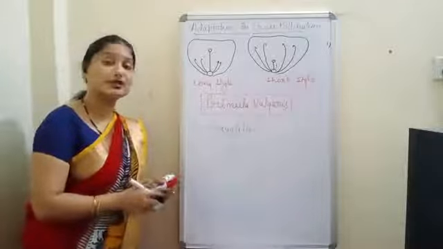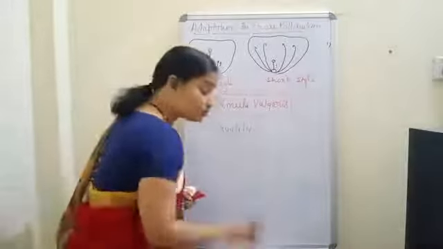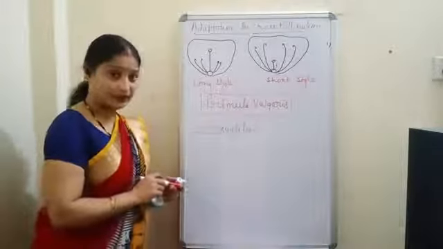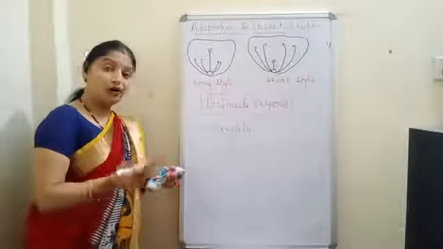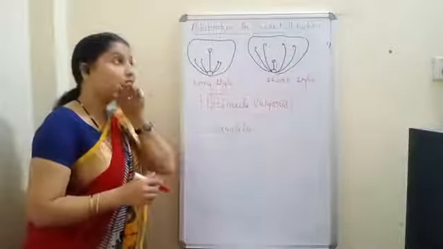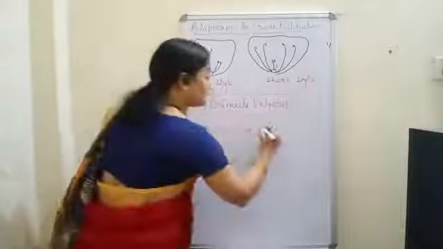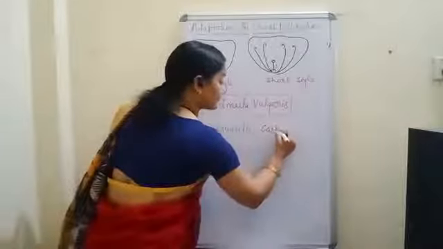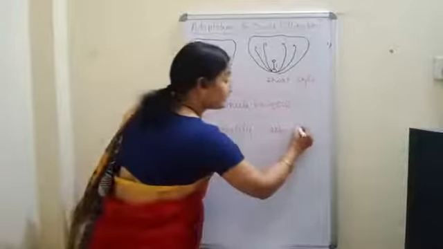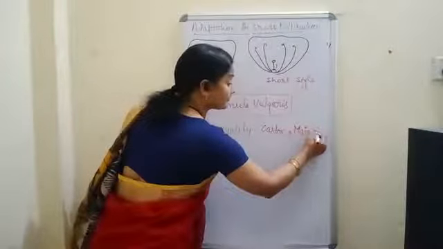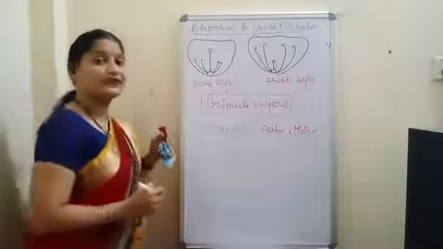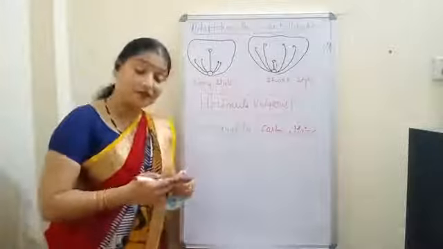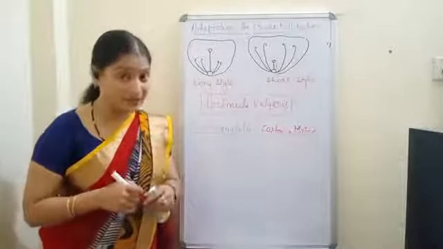That is called unisexual, that it contains only one sex. Clear? Either male or female. For example, in case of castor, and in case of maize, either we will see the male part of the flower or we see the female flower.